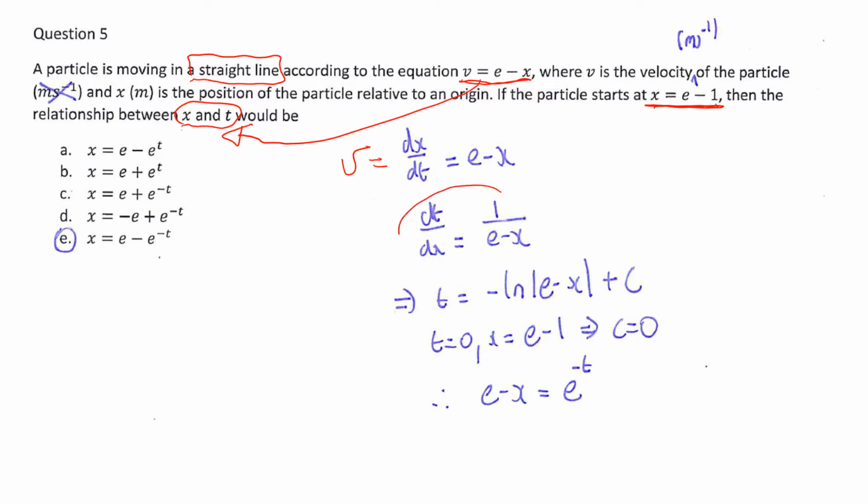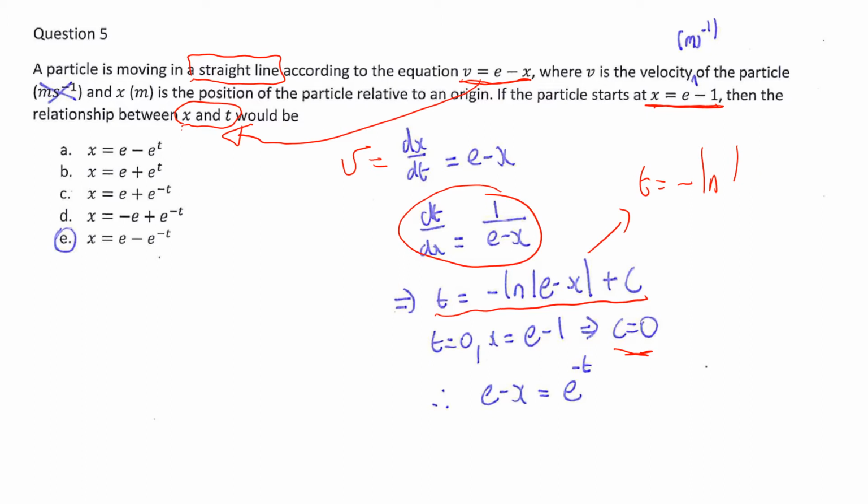We reciprocate. First line, we anti-derive with respect to t. Okay, so then we've got a fairly straightforward anti-diff process. We sub in our initial conditions: when t equals 0, x is equal to e minus 1, log of 1 is 0, therefore c is equal to 0. So from here, you've really got the understanding that t is equal to minus natural log of e minus x.